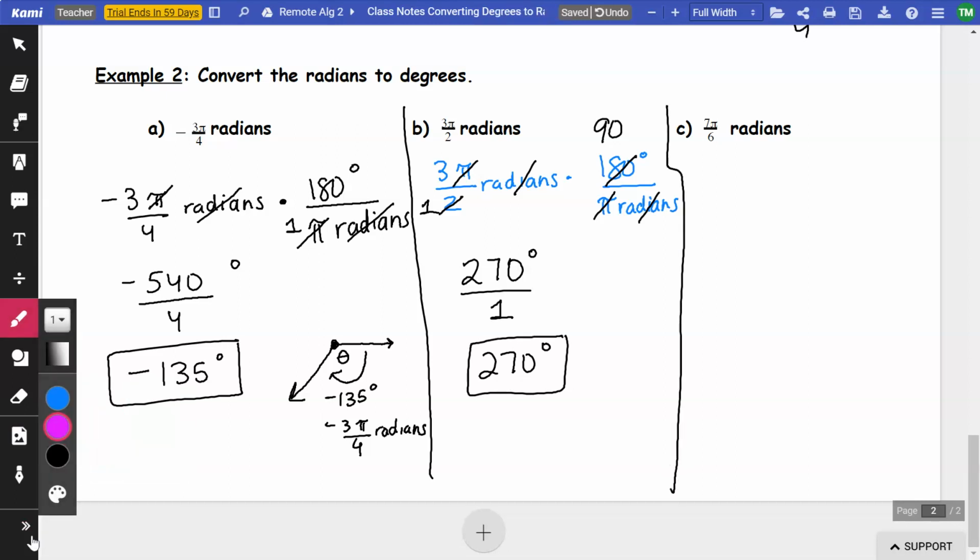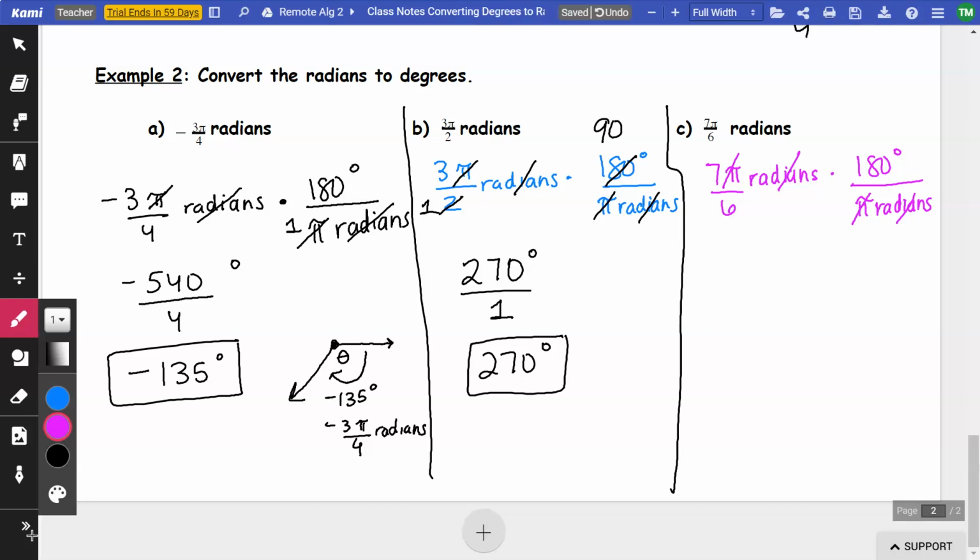Now let's convert 7 pi over 6 radians to degrees. So 7 pi over 6 radians times 180 degrees over pi radians. Again, radians divided by radians cancels. Pi divided by pi cancels. How nice of it.